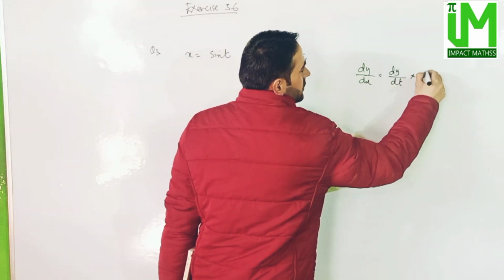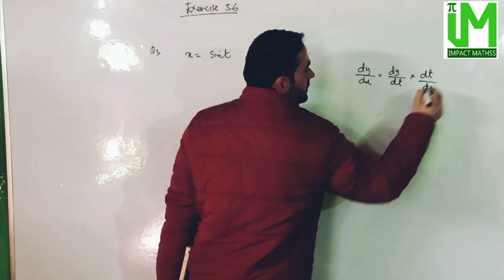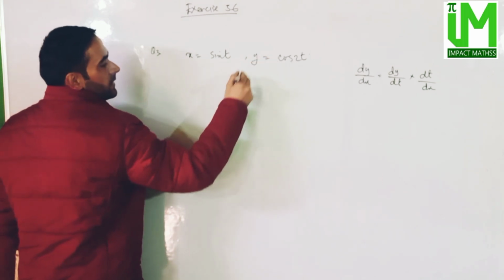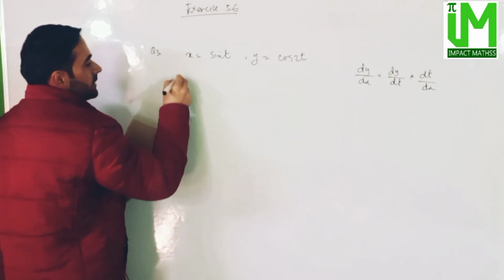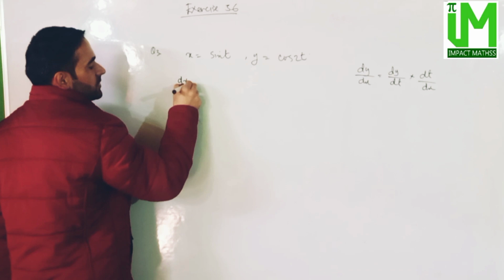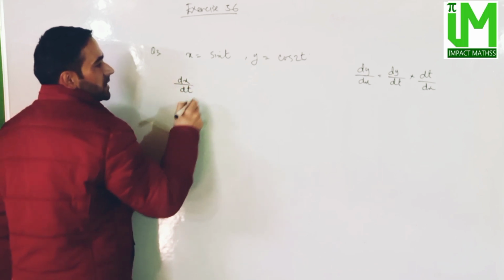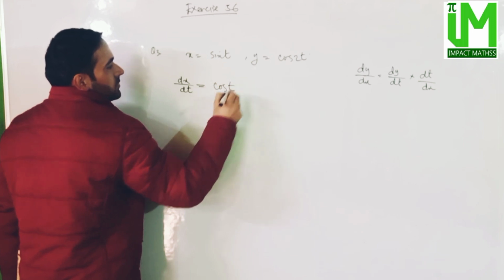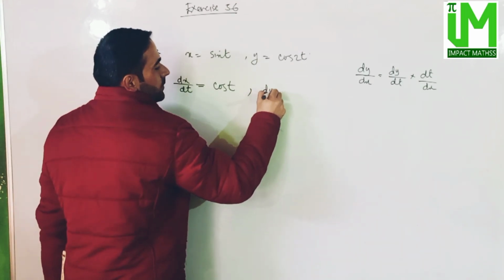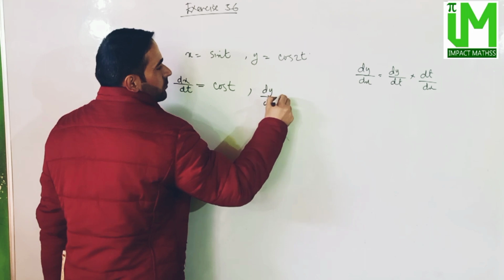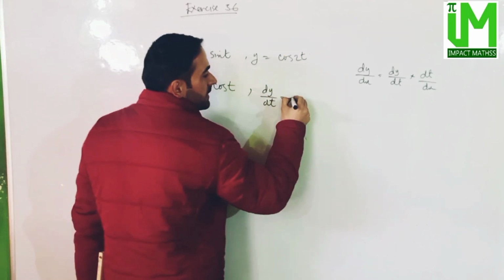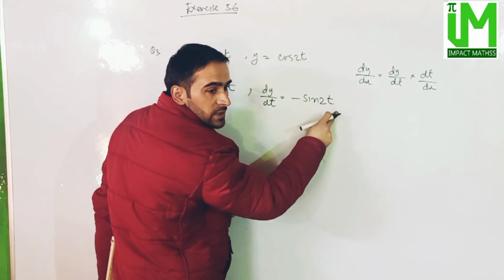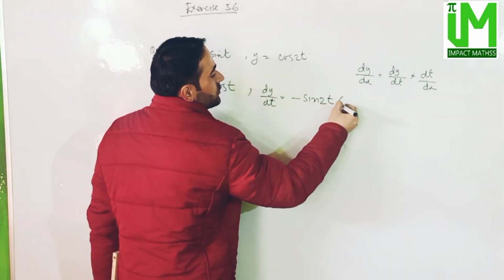Now find the value of dy by dx first. So dx divided by dt is cos of t, and dy by dt is the differentiation of cos 2t, which is minus sin 2t. But 2t needs internal differentiation, so it will be into 2.